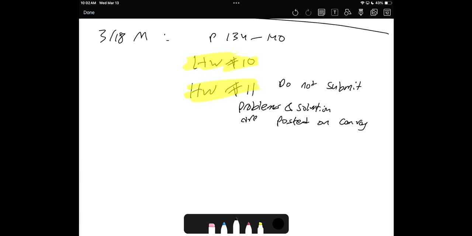Then on Wednesday, it will be exam 2, which will be next Wednesday. So most likely the exam will cover from lecture, I think, number 14 until Monday's lecture.